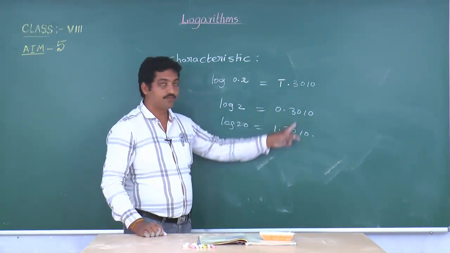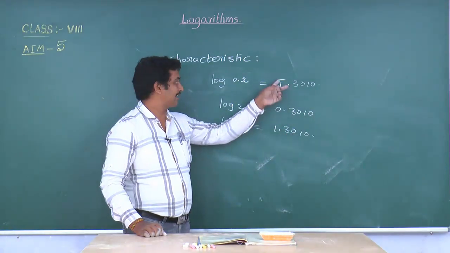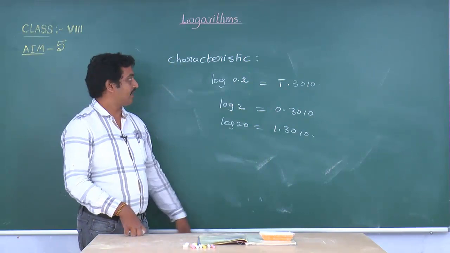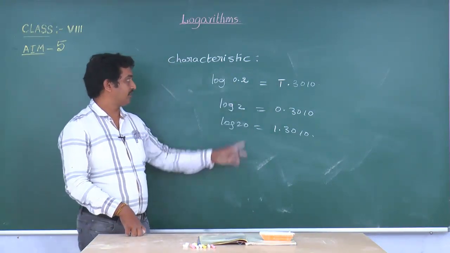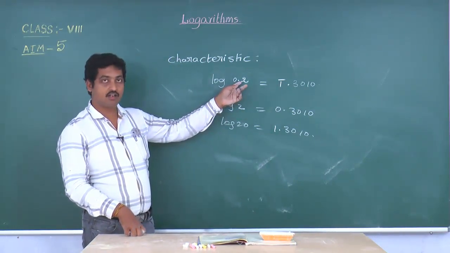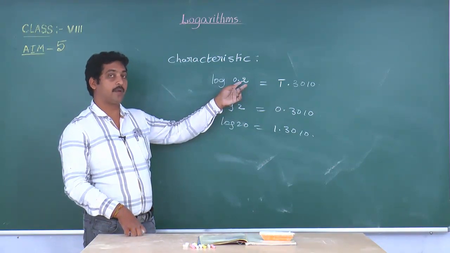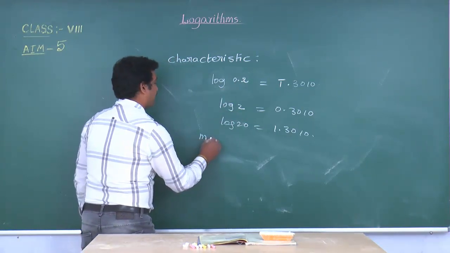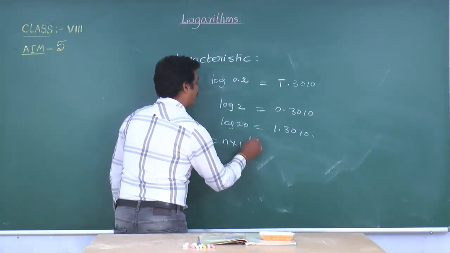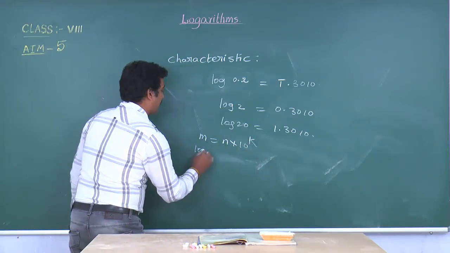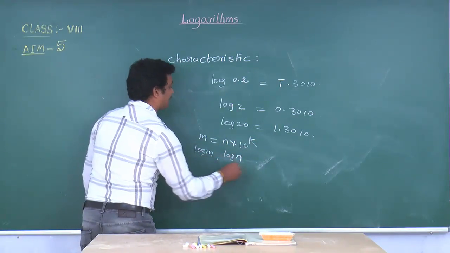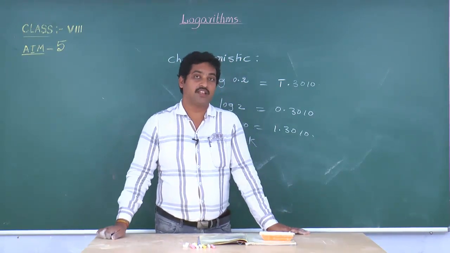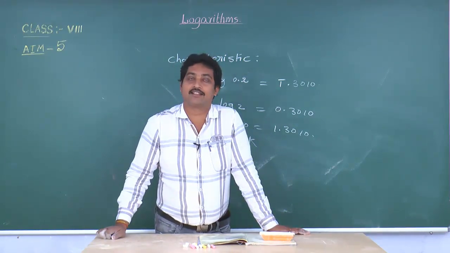Mantissa doesn't change, only the characteristic changed here. When do we get the same mantissa? If these numbers are multiplied by 10 power k, that is, m is equal to n into 10 power k. Then log m and log n have the same mantissa, but they may differ in their characteristics.